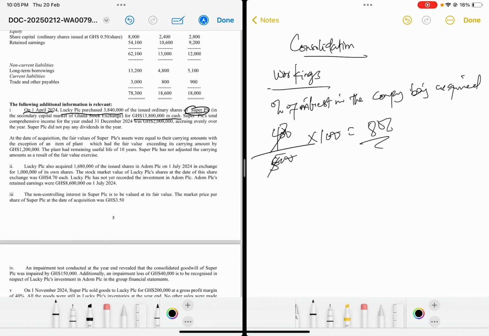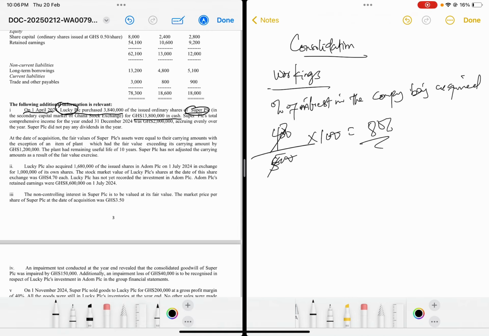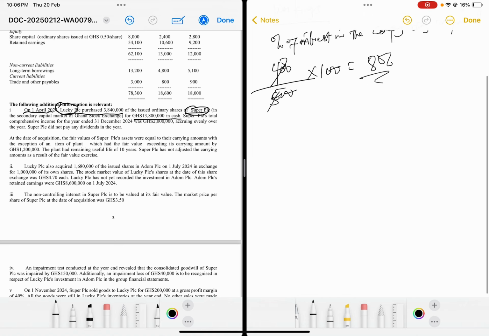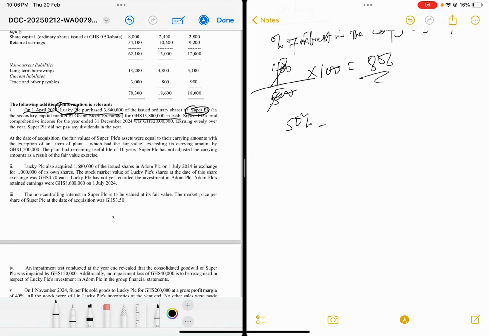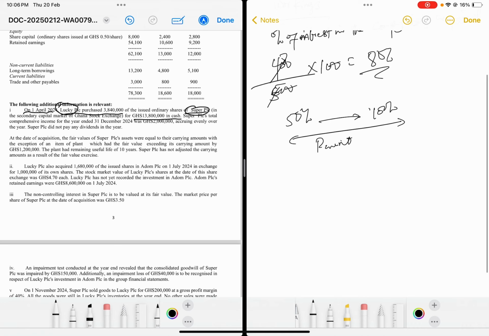So basically, this is just saying that Lucky PLC purchased some shares of a company, so all we need to do is find the percentage of interest. If the percentage of interest is from 50% to 100%, or 50 or more, then the person acquiring is a parent of the company being acquired, a parent and subsidiary relationship.